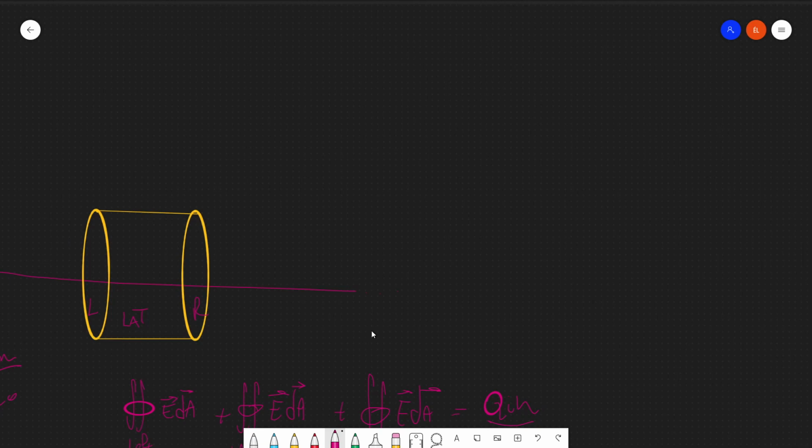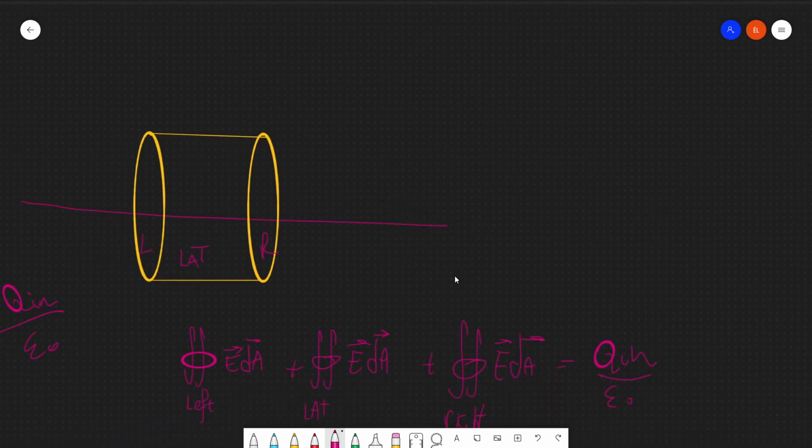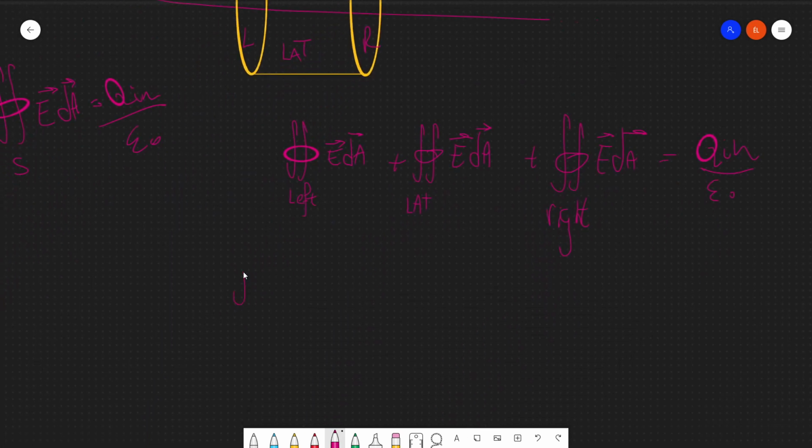Now, something interesting: if you have done linear algebra, or maybe if you just know multiplication between vectors, you know that vectors that are perpendicular to each other have a product of 0. That is because we can write the left integral as E dA, without the arrows because it's no longer a product between vectors, times cosine of pi over 2, which is 0.